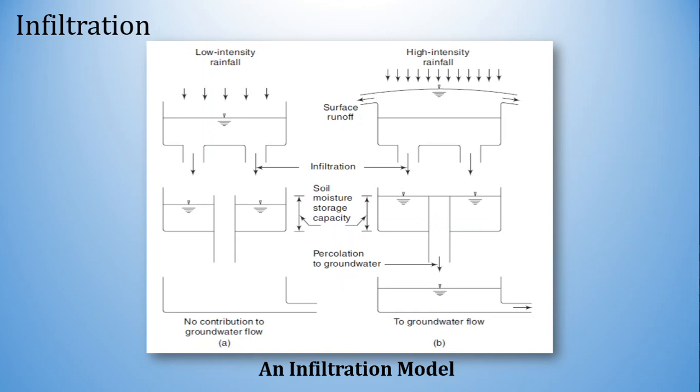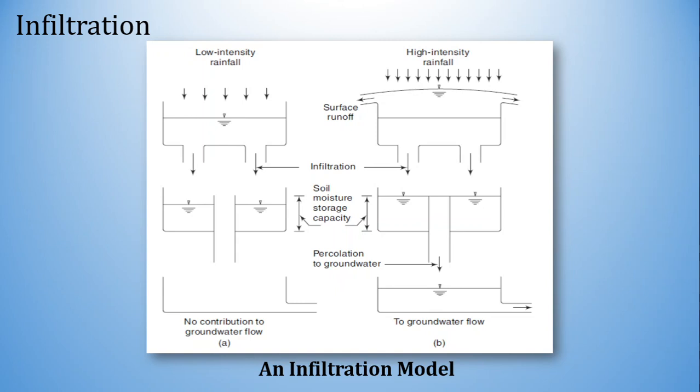In the first case, in figure A, you can see there is low intensity rainfall, and in figure B, there is a high intensity rainfall. If there is a low intensity rainfall, a part of the rainfall coming to the container is infiltrated, and in case of high intensity rainfall, you can see a part of the water is being percolated to the groundwater.